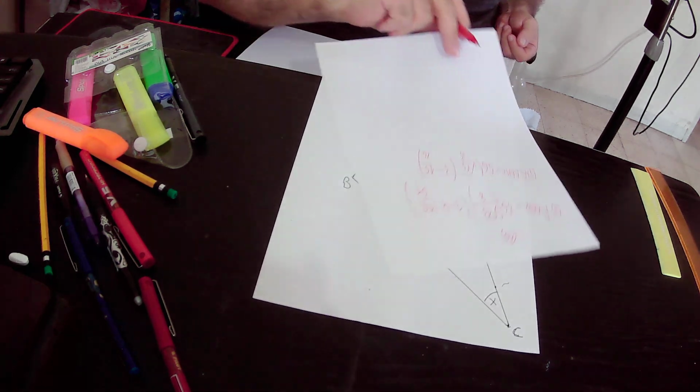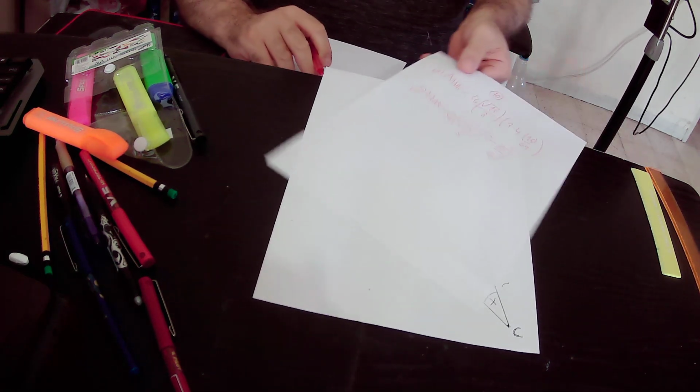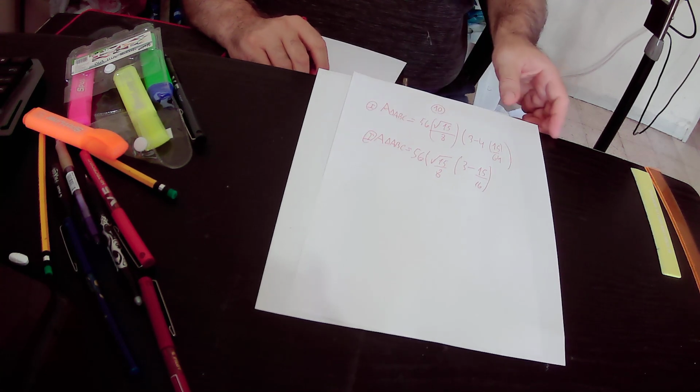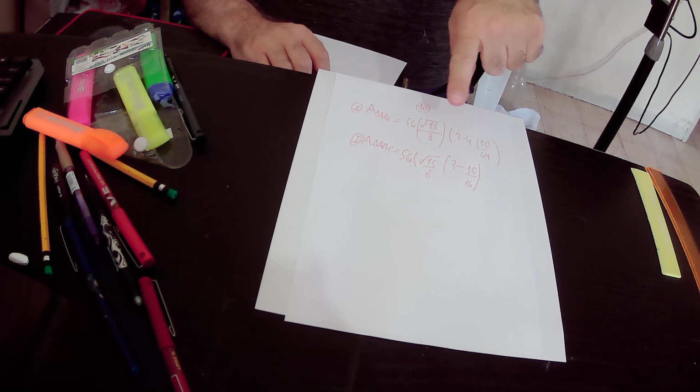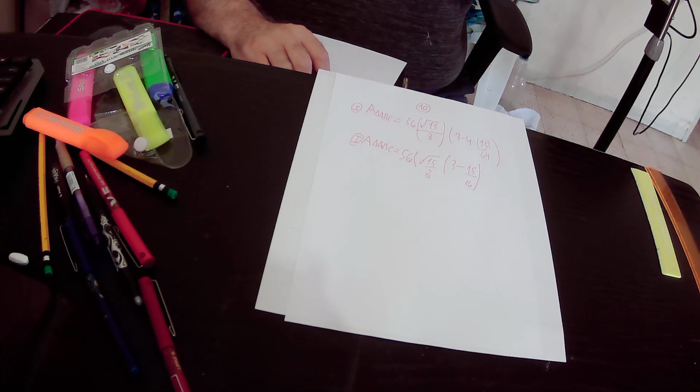So in total we got that the area of triangle ABC equals to 56 times root 15 over 8 times 3 minus 15 over 16. Here 56 over 8 is 7, so I write it down.